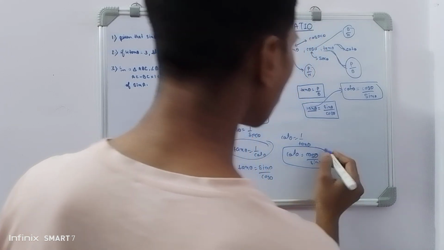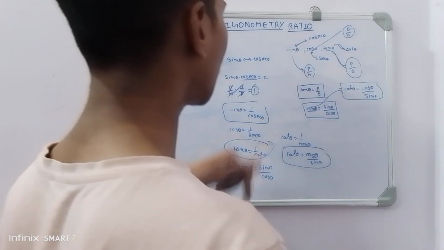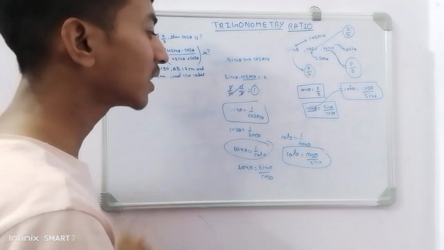And I think you are getting the meaning of this thing, that sin theta is equal to 1 by cosec theta, because these are reciprocals.